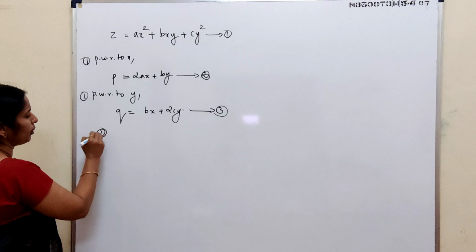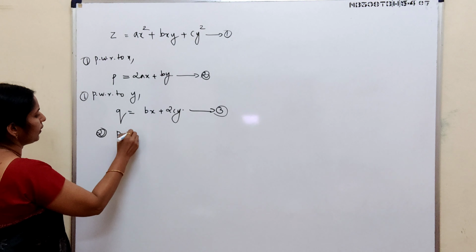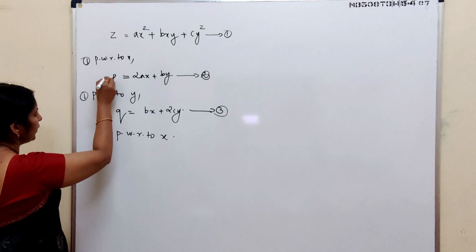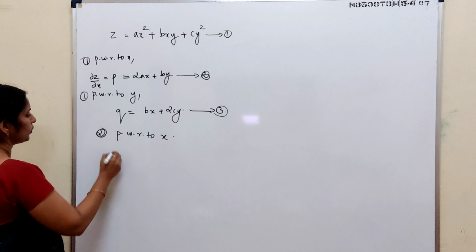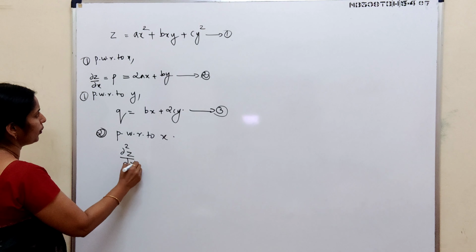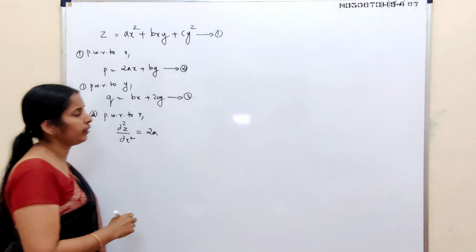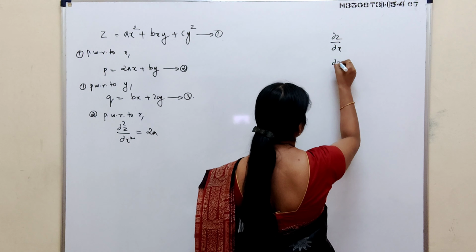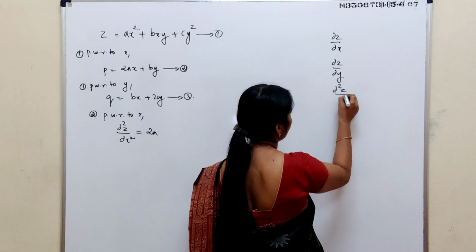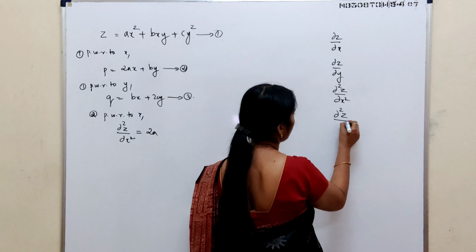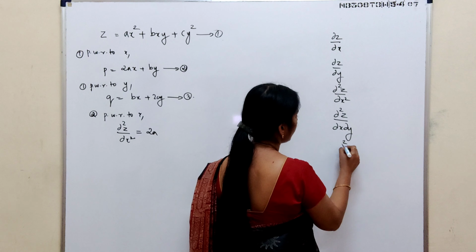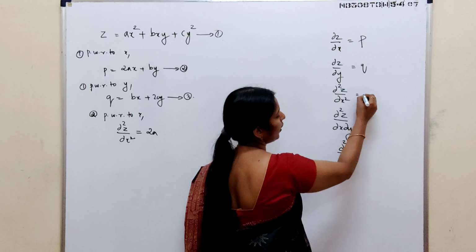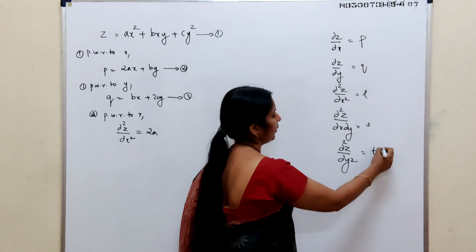Next, you consider equation number 2 and differentiate partially with respect to x again. See, it is ∂z/∂x, so ∂²z/∂x² is equal to 2a. Our notations for the partial derivatives ∂z/∂x, ∂z/∂y, ∂²z/∂x², ∂²z/∂x∂y, ∂²z/∂y² are p, q, r, s and t.